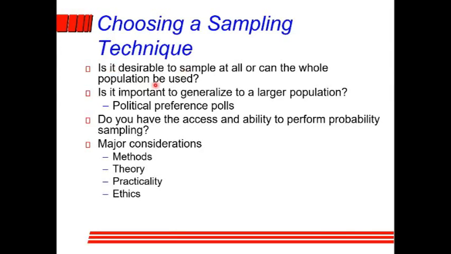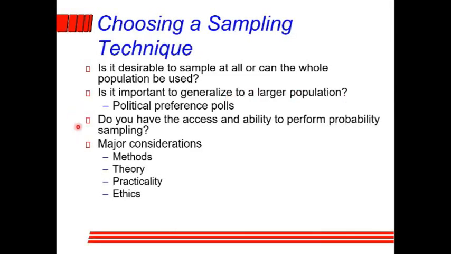And then next, is it important to generalize to a larger population? So, political preference falls na siya. Mas maganda kasi na mas malaki yung population natin kasi mas makukuha natin yung accurate na sagot na gusto natin. So, much better, we have to generalize na yung mismong larger population din.